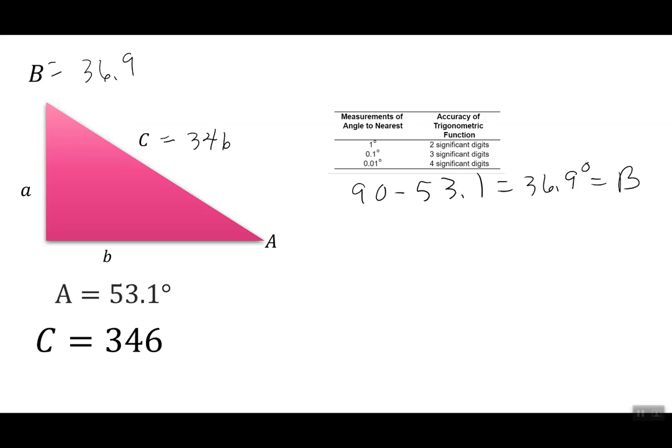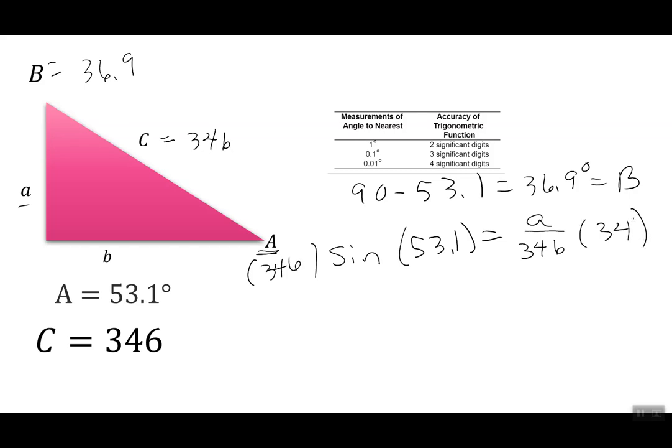Now let's go about finding side A and side B. Let's start with side A. A is opposite of angle A. Opposite says let's try sine of 53.1. That's going to give me the opposite side A over the hypotenuse 346. Hopefully you remember last time we just multiplied both sides.